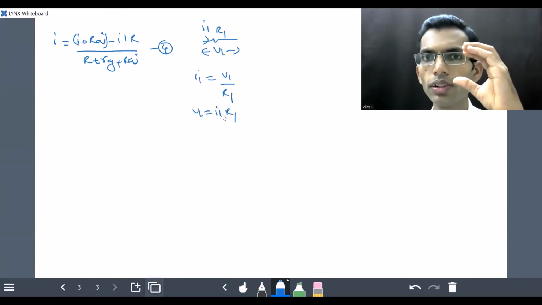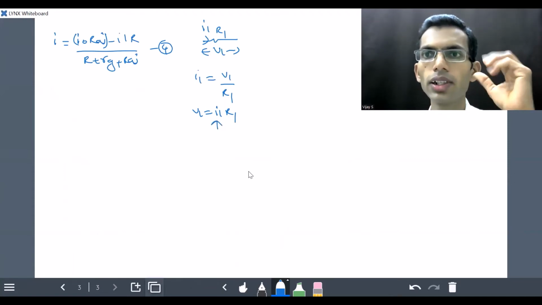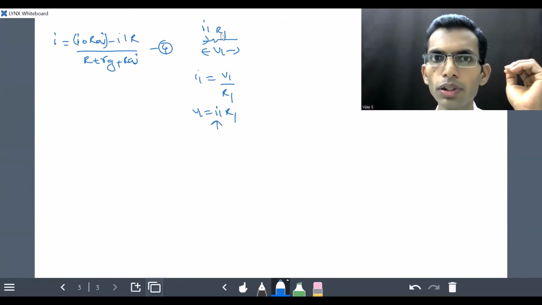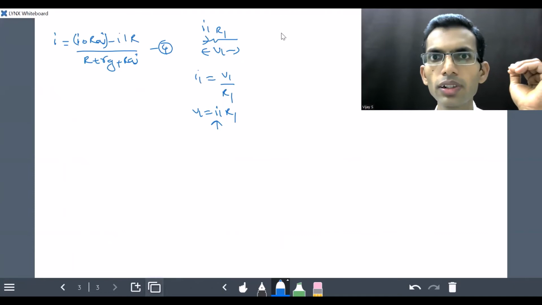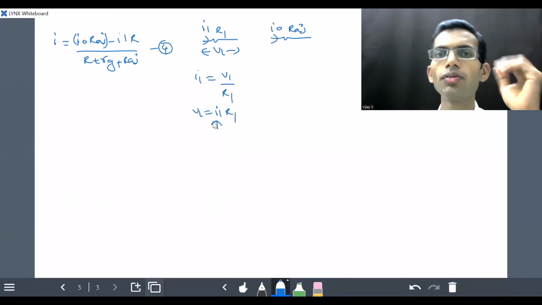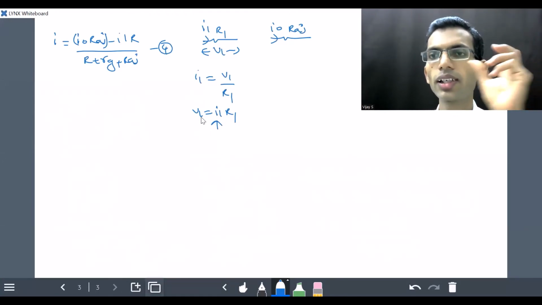So in this product I1 R1, what does this I1 indicate? I1 indicates the current flowing through the resistance R1. Clear? Similarly, in this product I naught into RAJ, what does this I naught represent? Yeah, from Ohm's law it represents the current flowing through the resistance RAJ. What does this product represent? The product represents the potential difference across the resistance.